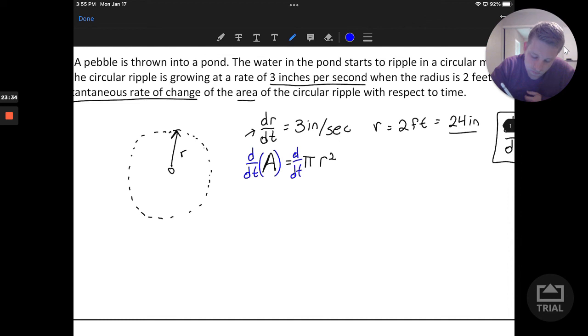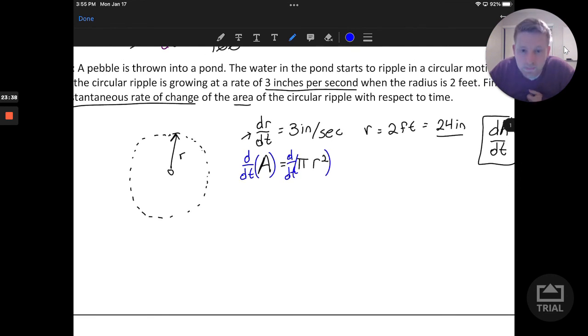d/dt. Again, time in this problem is represented with seconds, so that could change from problem to problem, but we're still taking the derivative with respect to time. The derivative does not change. So the left side we can consider here as just dA/dt. If I take the derivative with respect to time on the right side, we can say that pi here is going to be a constant.